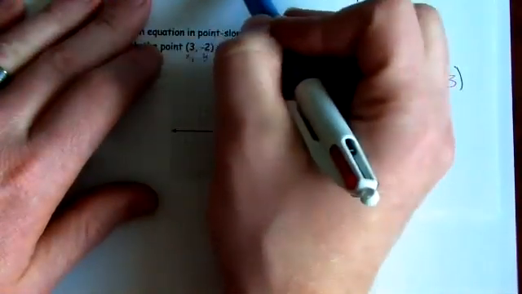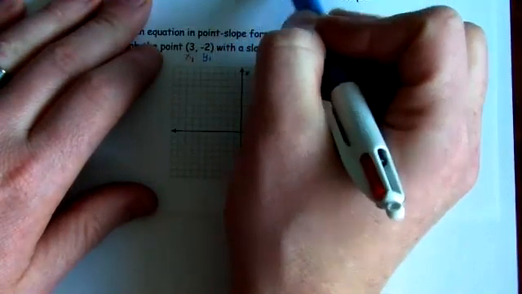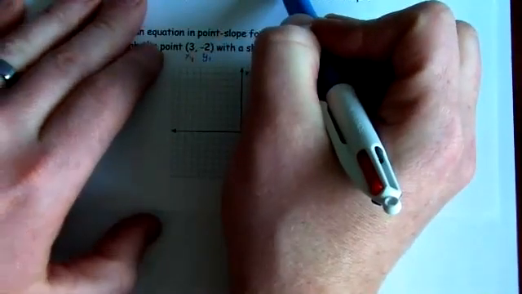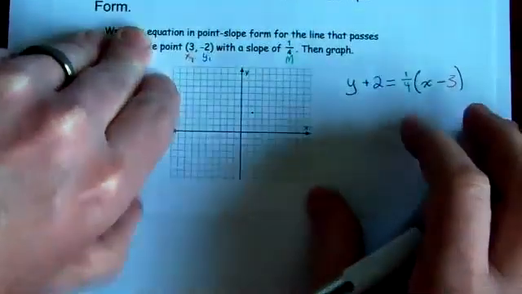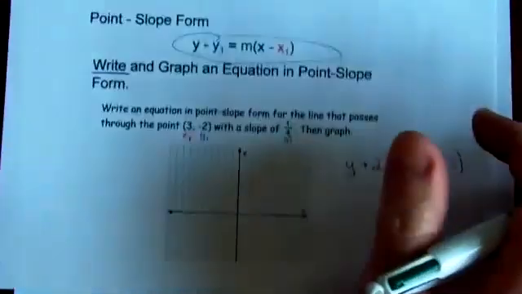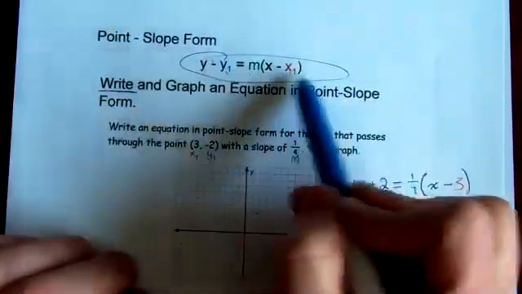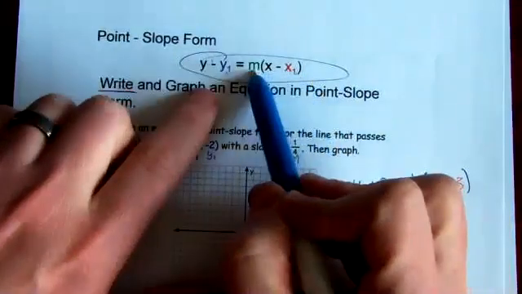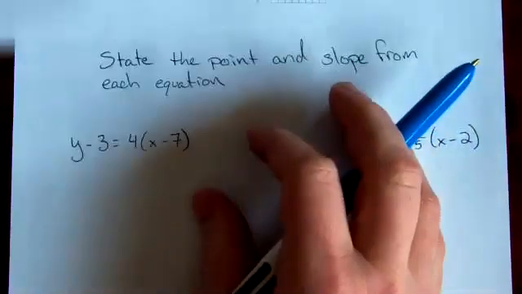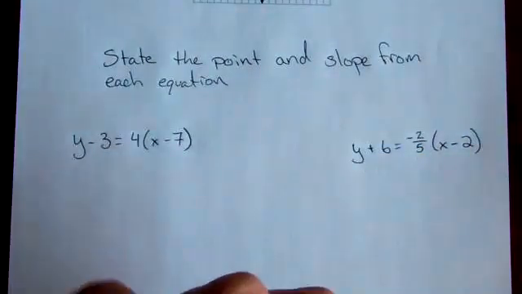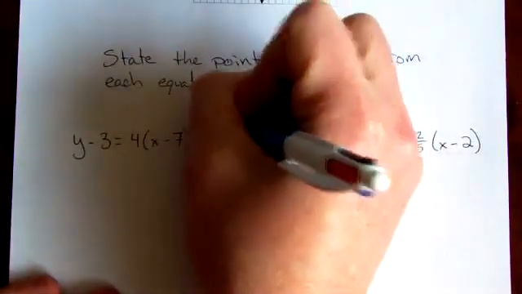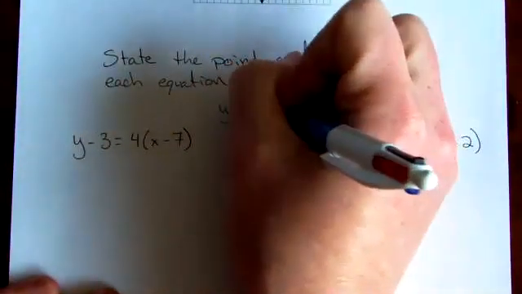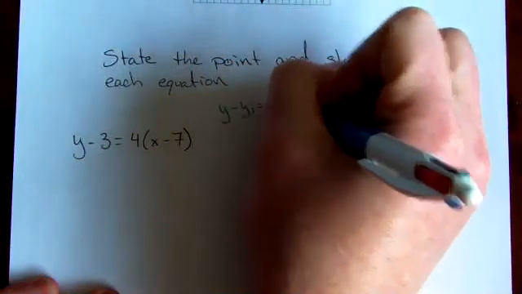Y minus y1 equals m times x minus x1, where your y1 and x1 are your points. Your m is your slope. Oh, sorry, you didn't see that. Boom, right here. Y1, x1, m, point, slope. So use that information, and I'm going to rewrite it right here. Y minus y1 equals m times x minus x1.